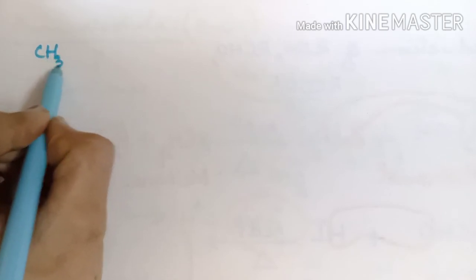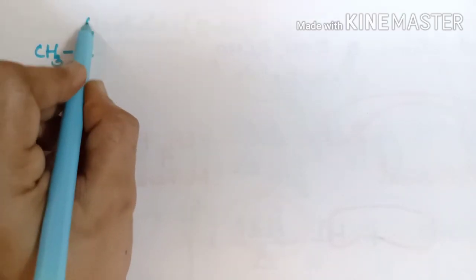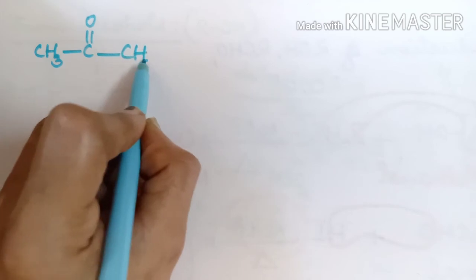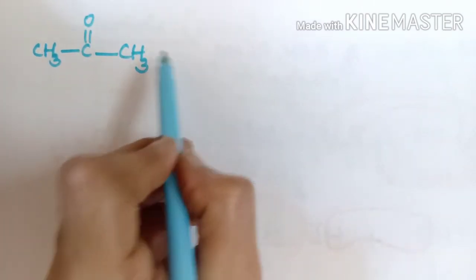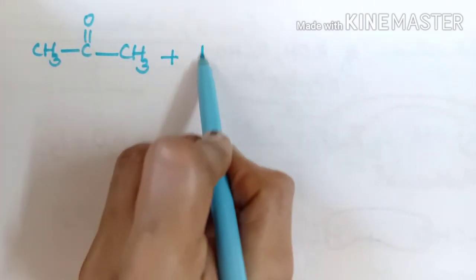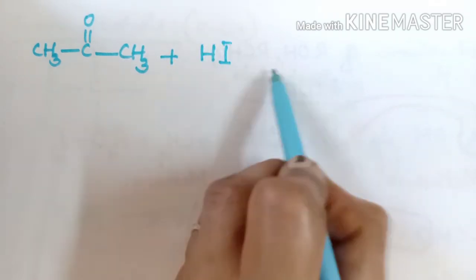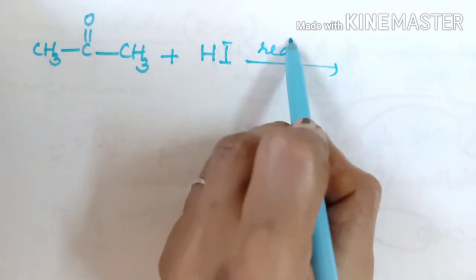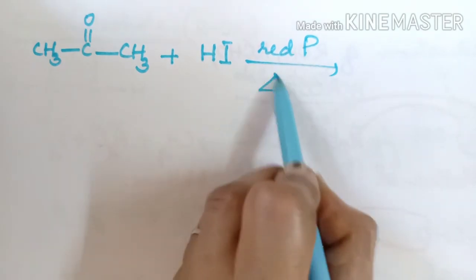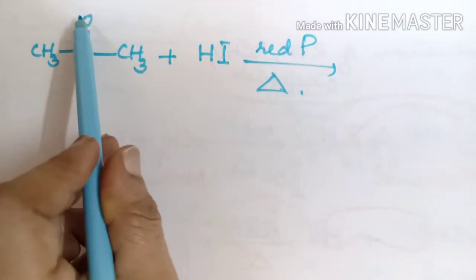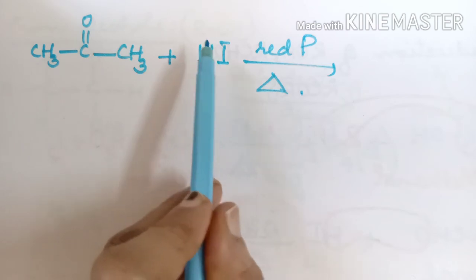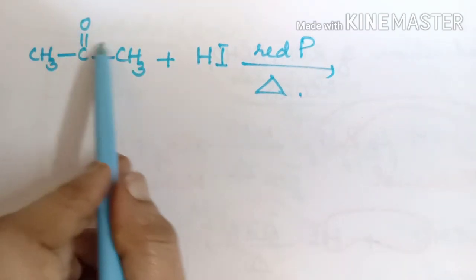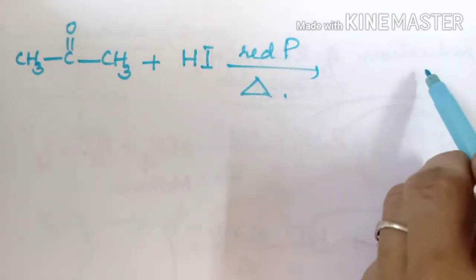Now take ketone. The simplest ketone taken is CH3C double bond O single bond CH3. When it is subjected to reduction in the presence of HI and red phosphorus at a high temperature, what happens here? Again, the oxygen must be abstracted, so it has to be removed as water.